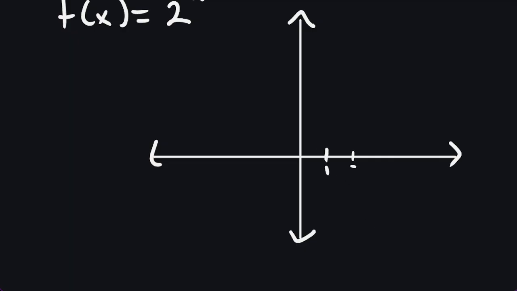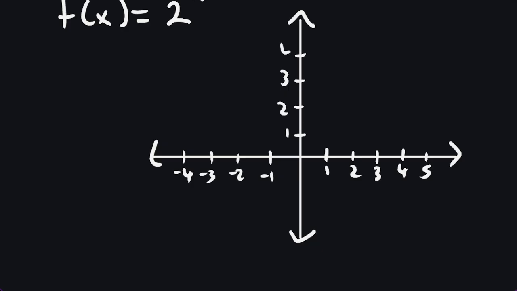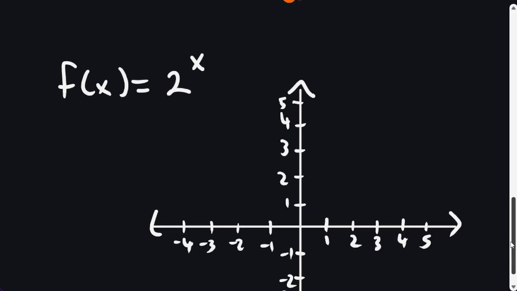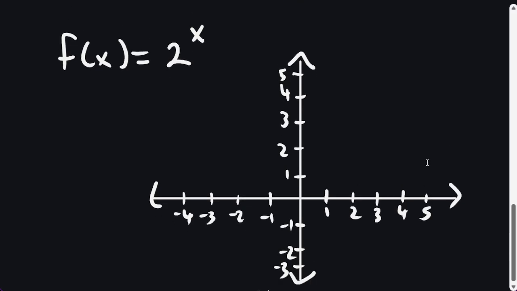So let's go ahead and just set up our graph. 1, 2, 3, 4, 5. -1, -2, -3, -4. 1, 2, 3, 4, 5. -1, -2, -3. Okay. So you'll notice that with exponential functions, they grow very, very quickly. So f of x equals 2 to the power of x.